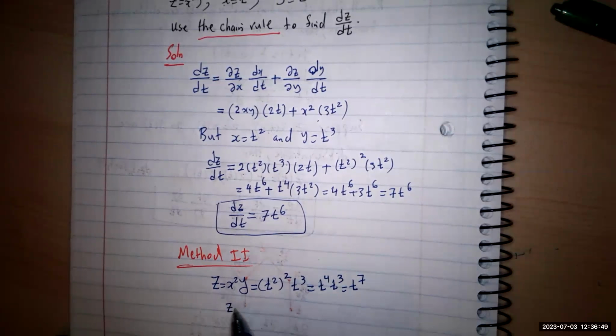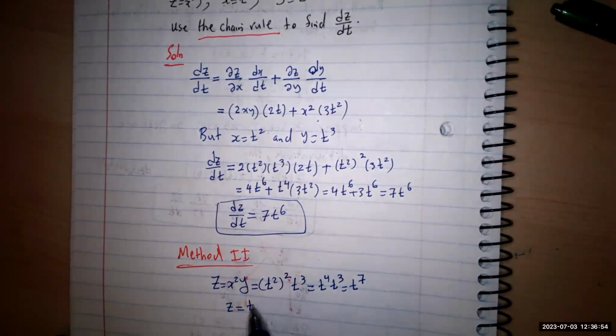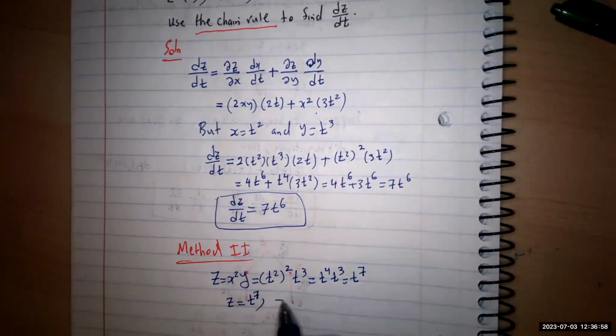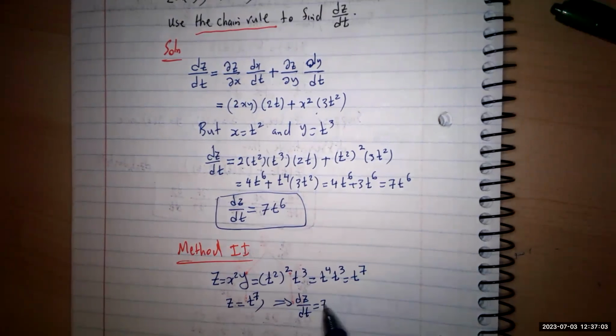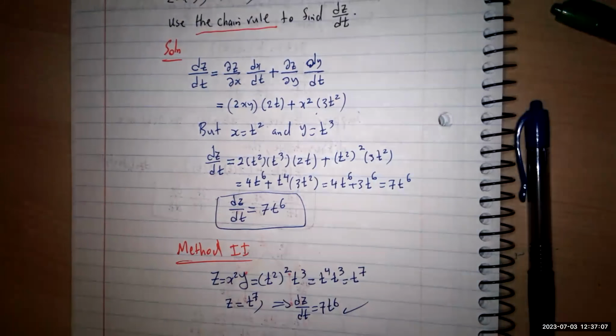So your function simply is z equal to t to the 7th, so z prime is 7t to the 6. So dz dt is 7t to the 6. Same thing. I just want to motivate the formula for the chain rule. That was a warm-up to the actual chain rule that we are going to have. Any question?